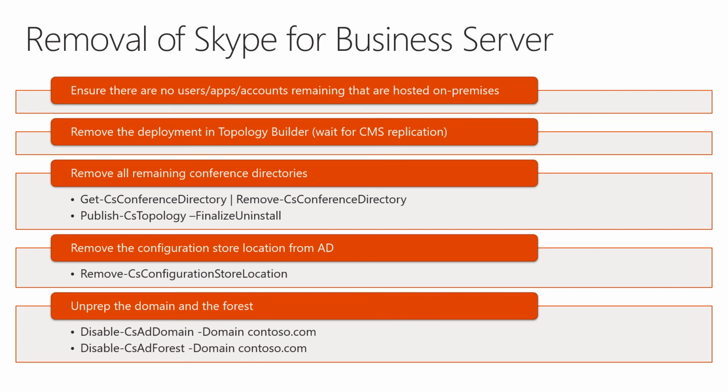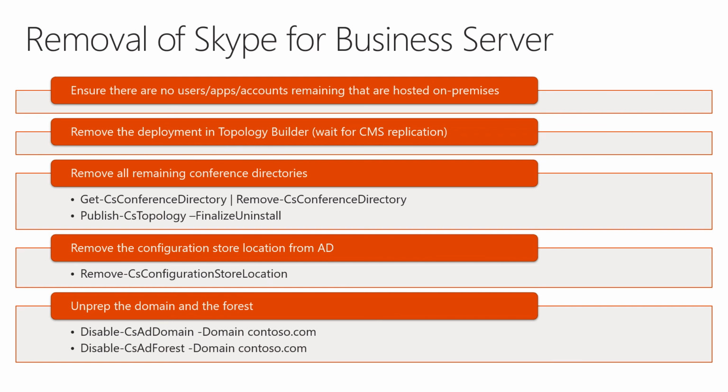From there, you can go into Topology Builder and effectively remove the deployment. Right? There's actually an option in Topology Builder that will allow you to remove the deployment. You'll publish that, wait for CMS replication to do its thing, and at that stage, you'll be able to start the removal of the Skype for Business Server environment.